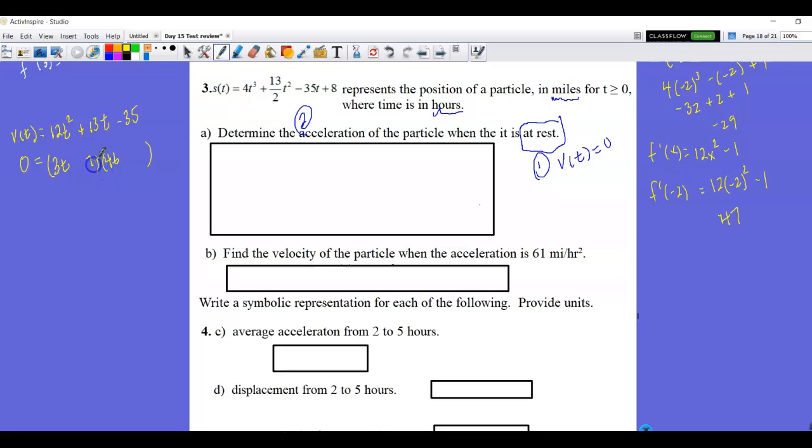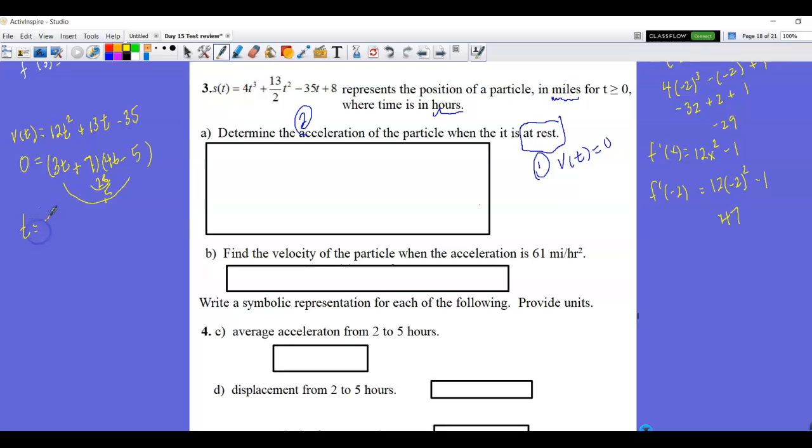So it looks like a 7 and a 5, because that would give me 28, and that would give me 15. That would give me a 13 in the middle, and I want a positive 13, so I'm going to need the 28 to be positive and the 15 to be negative.